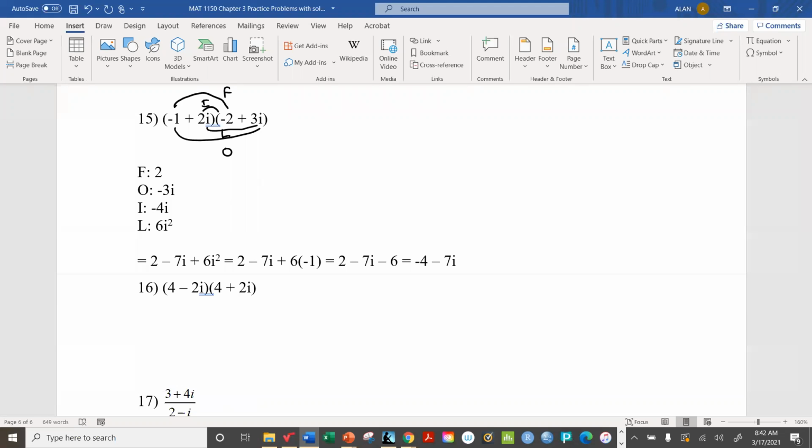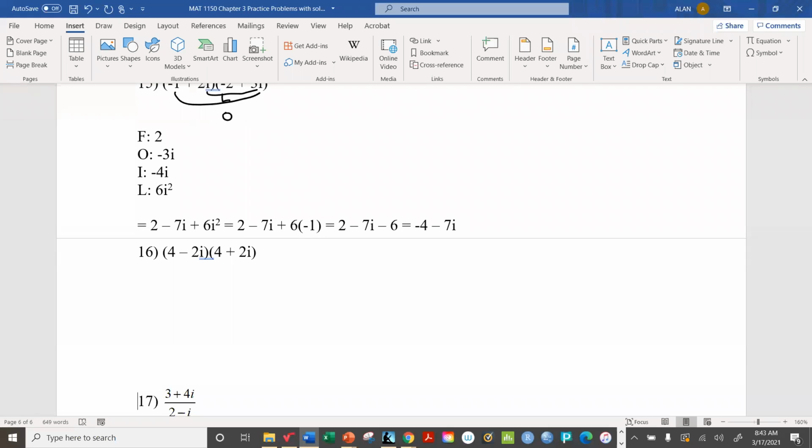Now, this next one is also FOIL, but if you notice very carefully, we've got two terms, one of which is the complex conjugate of the other one. So this one should reduce to something fairly simple. Well, let's see how it goes.